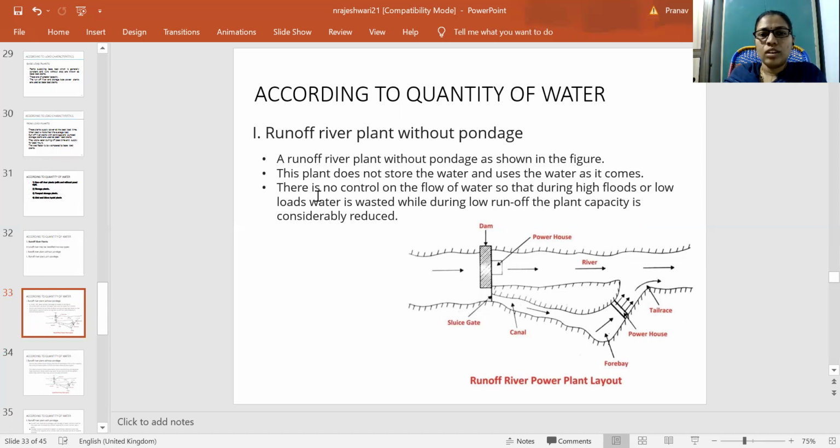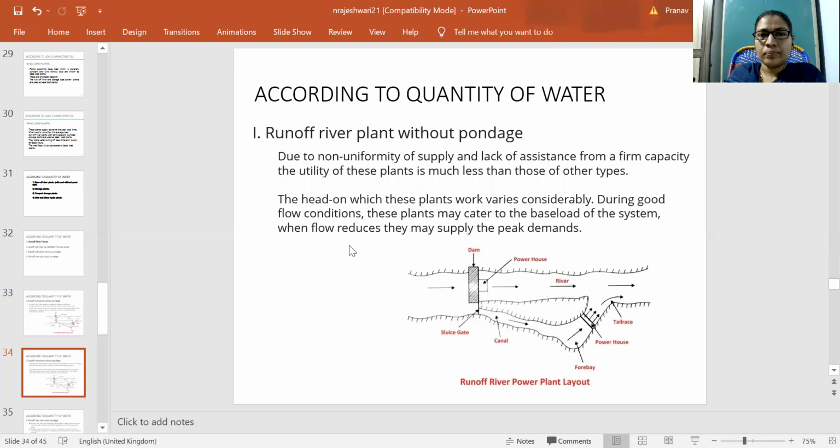So there is no control on the flow of water, so that during high floods or low loads, water is wasted, while during low runoff, plant capacity is considerably reduced in this run-off river plant without pondage.